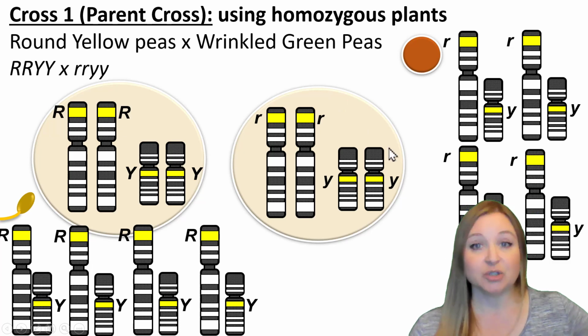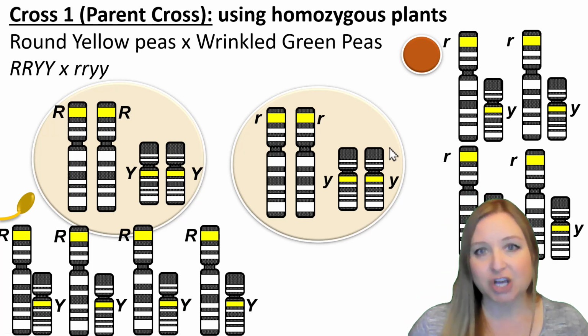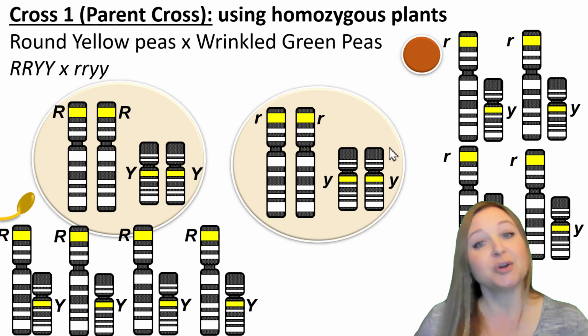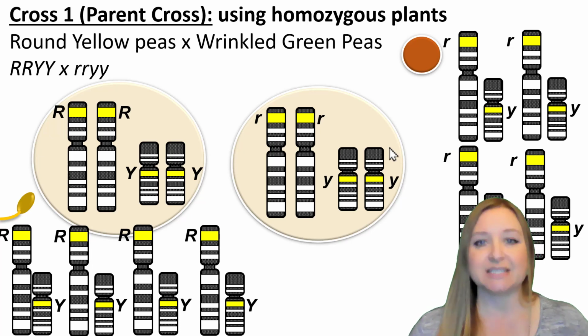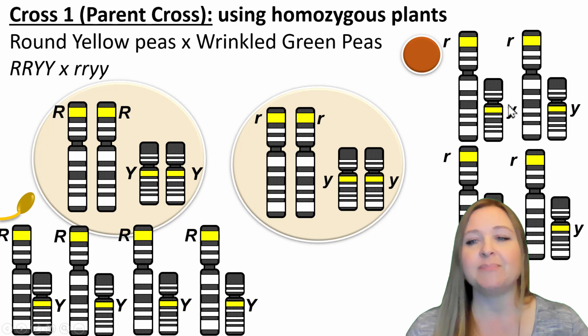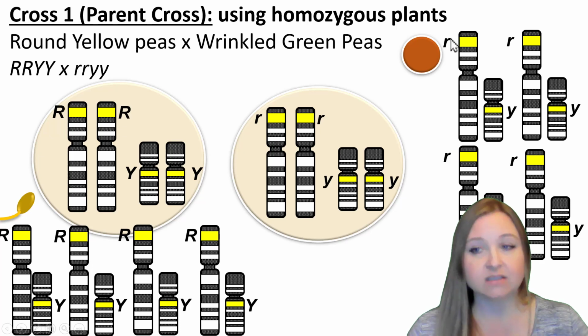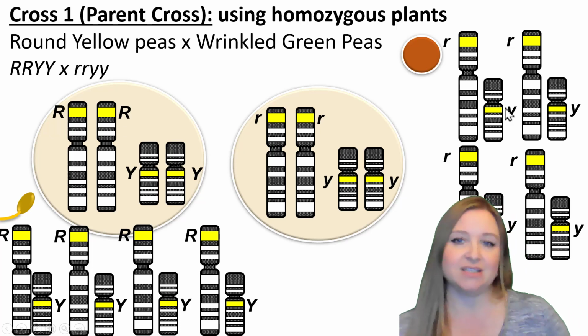That's little r, little y. So just like with dad, because dad started out homozygous dominant, well, mom starts out homozygous recessive. And that means that she's only going to pass along recessive alleles. Again, note that there's 1 of each in the eggs, okay? There needs to be 1 R allele and 1 Y allele, never 2 of the same allele.